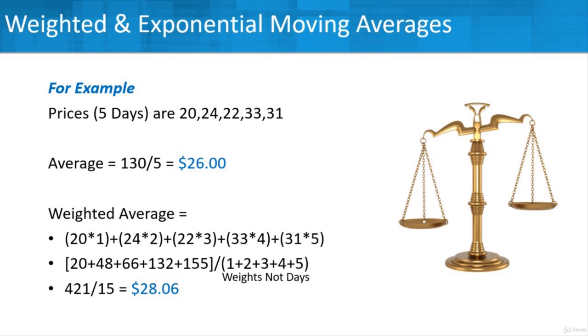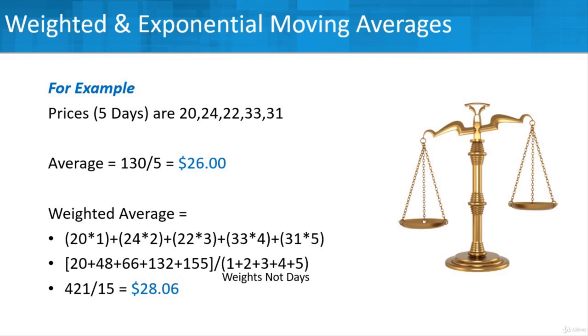Now a weighted average would put a weighting factor towards those numbers. The ones that are most recent would have a heavier weight than ones that are further back. If we look at that first bullet point, you can see the 20 dollars has a weight of 1, whereas the 31 has a weight of 5. You do the math, 31 times 5, and you can see how that breaks out.